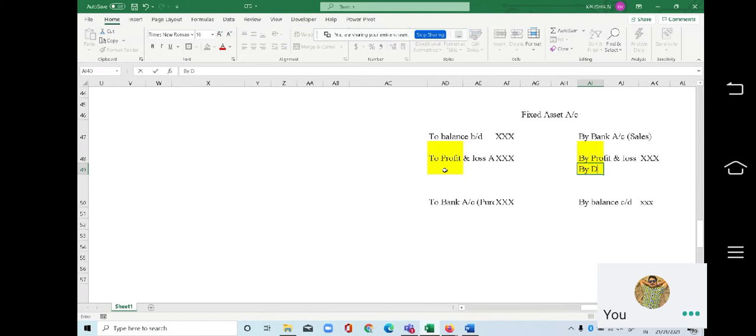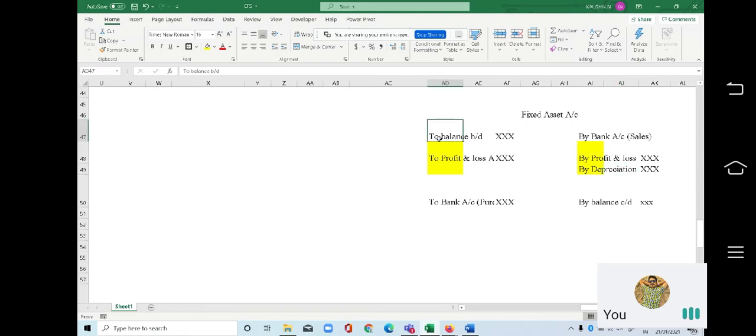So it is depreciation. That is the balancing figure, but we are not supposed to use carryover balance.